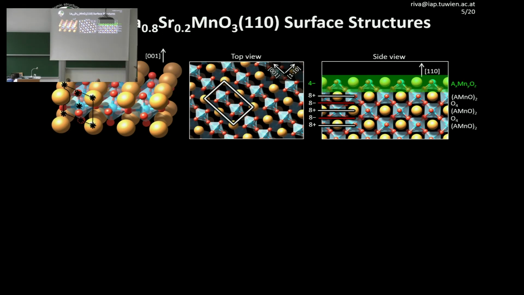This essentially means that a bulk truncated surface of one of these samples does not exist, and the material itself compensates for this polarity by changing the composition of the surface, such that you have a well-defined formal charge that counteracts this parallel plate capacitor. So it's basically like placing another one the other way around.